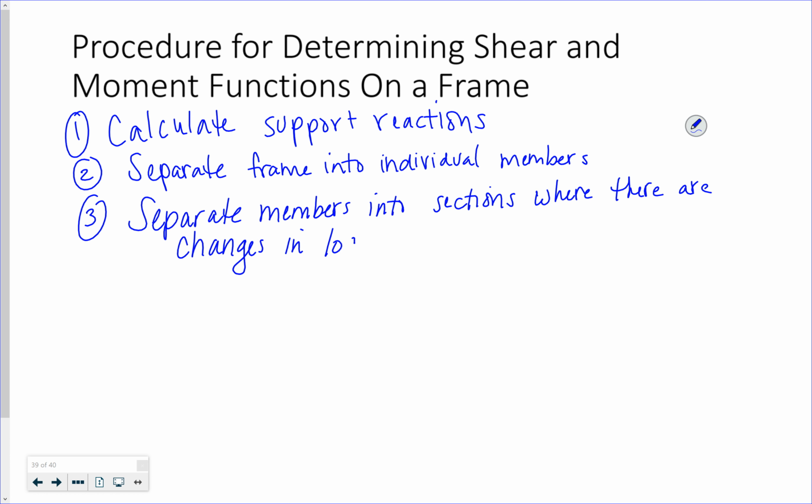Where there's a change in a load or an additional support, like if there's a beam with a roller or a pin in the middle of it.